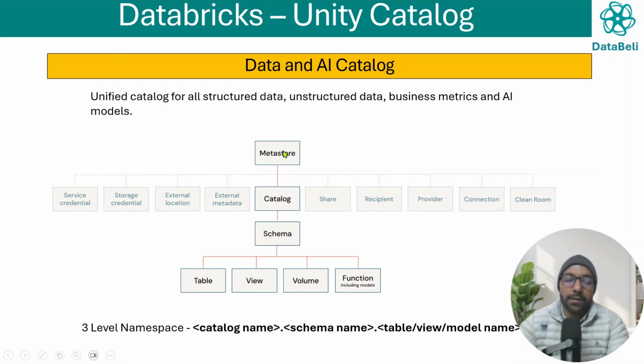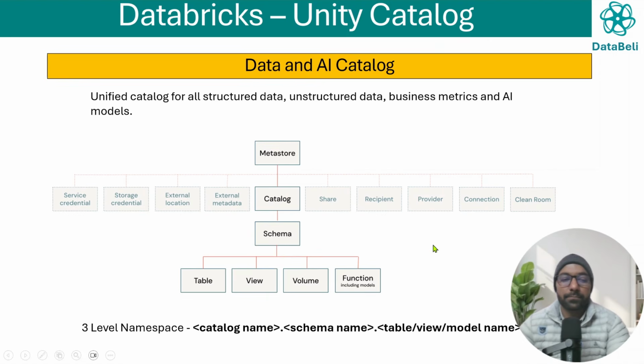That is how things are organized in a metastore. This Unity Catalog Metastore follows a three level namespace. So if we want to access any table, we follow the three level namespace: first the catalog name, then schema name, then table name. Let's understand this more via the demo first.